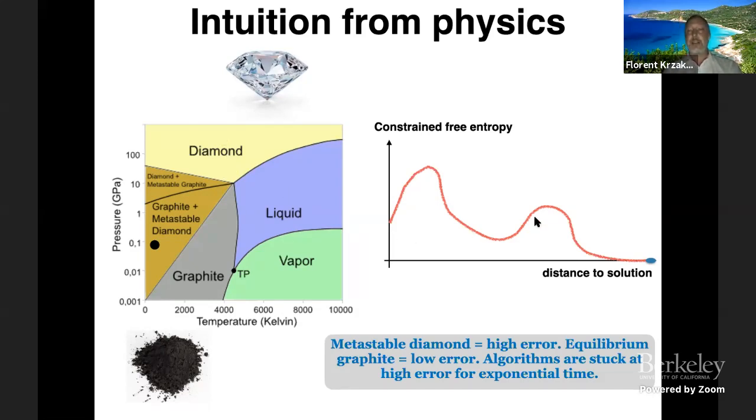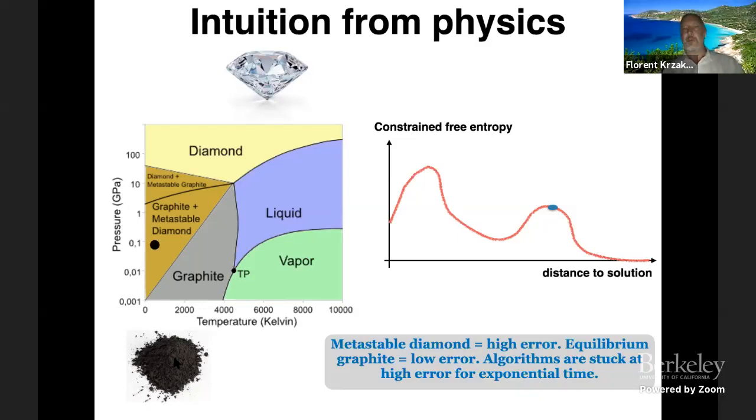Actually, diamond is a local maximum. Nature tries hard to find the ground state of a set of carbons, and it's stuck in this diamond case. But if you give it exponential time, and you wait twice the time since the Big Bang, eventually it will reach this point, and the true equilibrium will be graphite, powder. So diamond is not eternal, actually. It's eternal in practice, but not statistically, if you want.